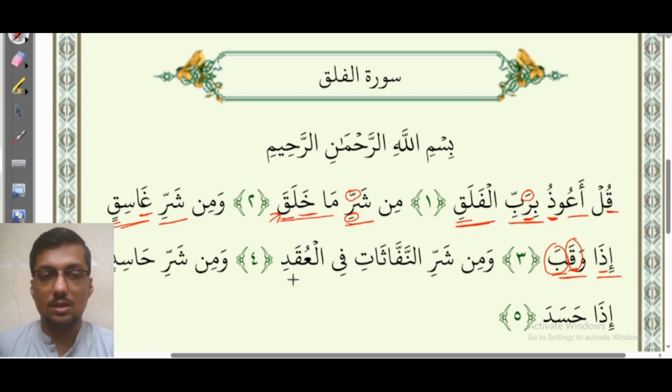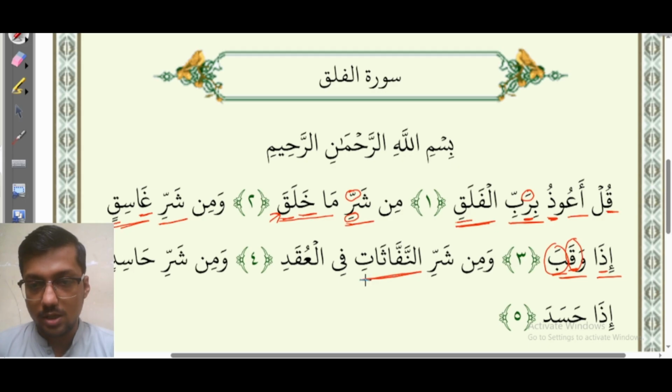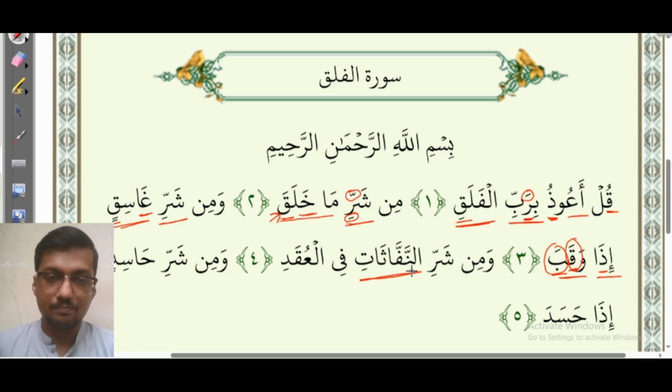وَمِن شَرِّ النَّفَّاثَاتِ فِي الْعُقَدِ. In this ayat, we have to focus on the word naffathati. The first letter we have to focus on is the letter Tha.